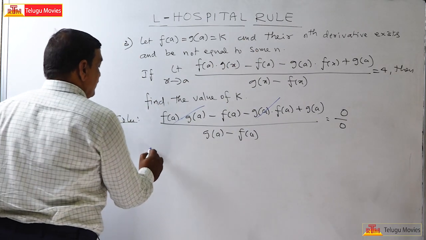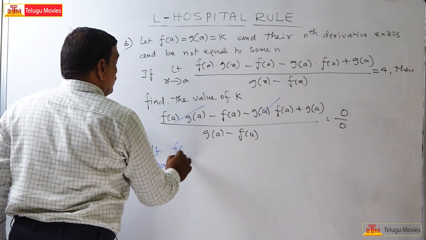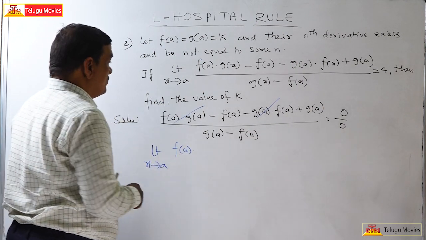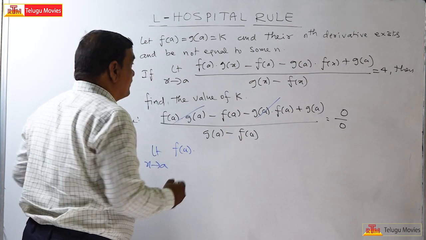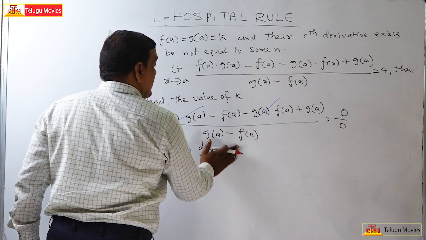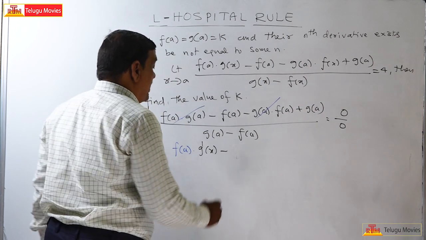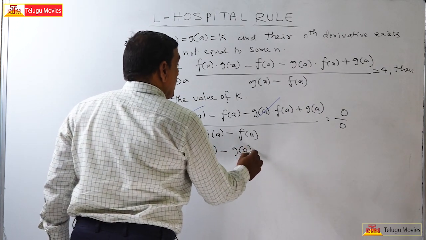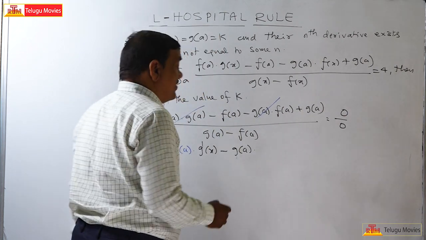Limit x tends to a, this is equal to f of a, and g of x derivative is g dash of x, so f of a into g dash of x, minus, f of a derivative is 0, so minus g of a into f of x derivative, which is f dash of x.